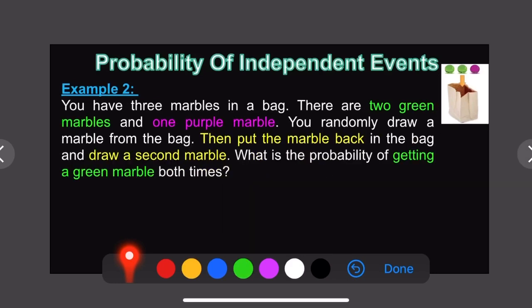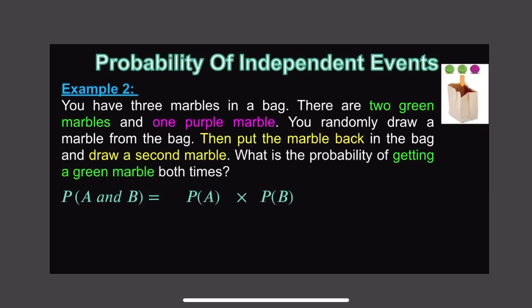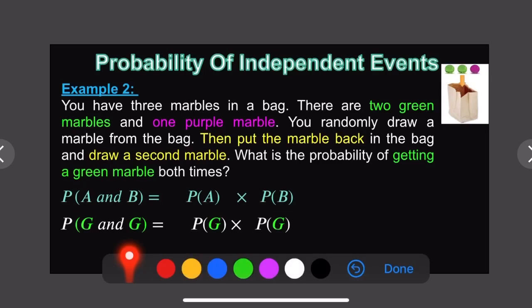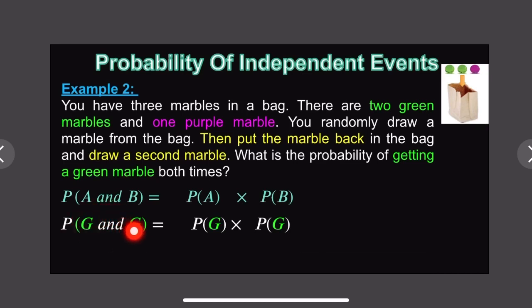Let's see how we can do the question. First of all, let's write the formula, the rule, and also write it in terms of what is given in the question. So probability of getting a green and a green, both events combined together, is probability of green times again the probability of green, because the same event is happening twice, right?